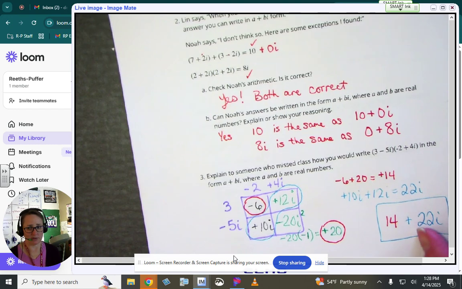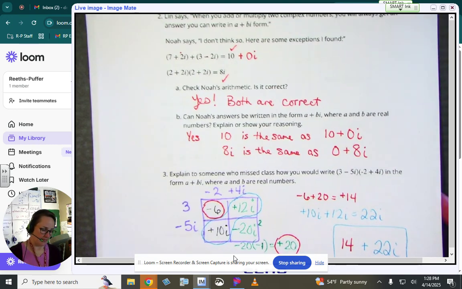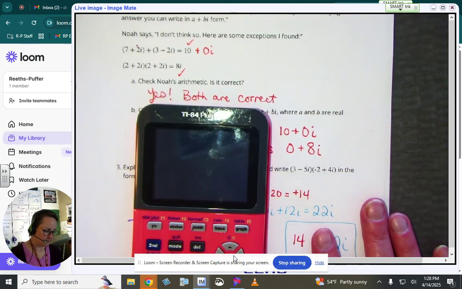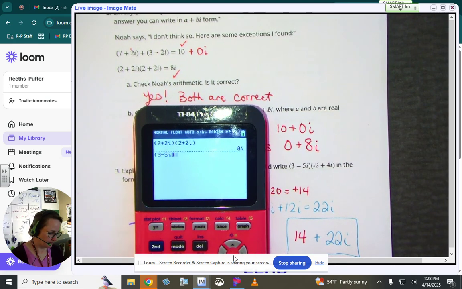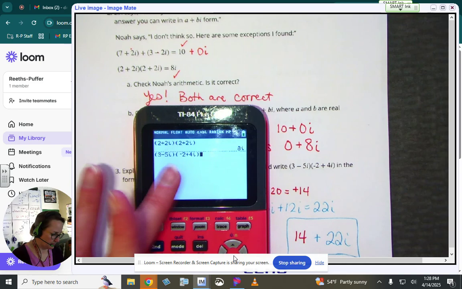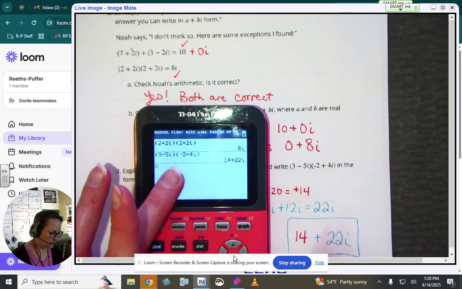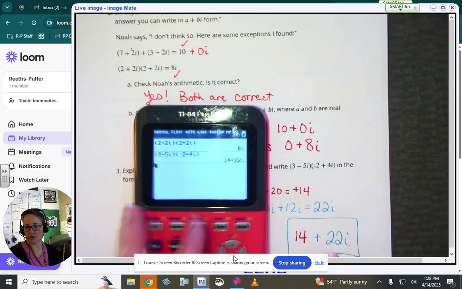We can turn it to a very real number. Double check. I'm just typing in the original to make sure I've got it. Good to go.